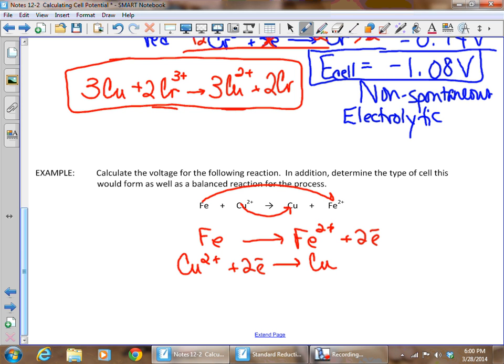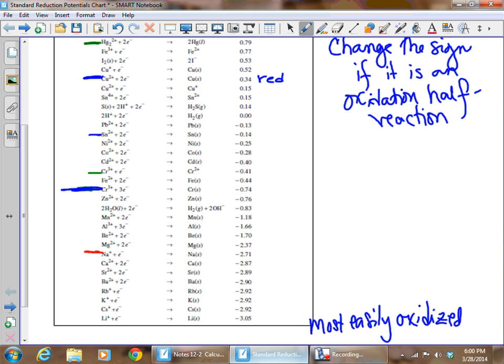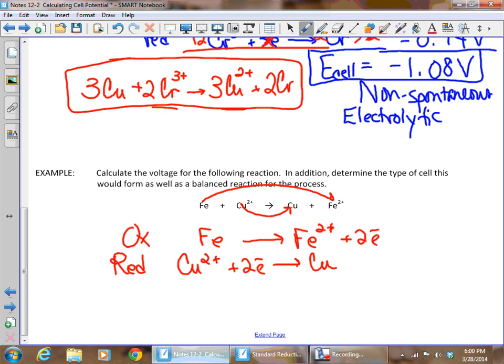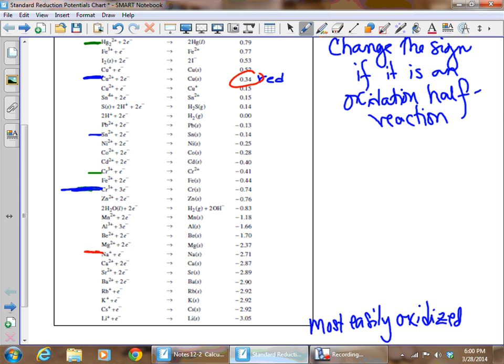And now we go back to our standard reduction potential table, and this time, since copper is the substance being reduced in this reaction, we can actually keep the sign. So the sign is going to be positive on this one, 0.34. And for iron, going from iron to iron 2 plus, we notice that here's the reaction right here.